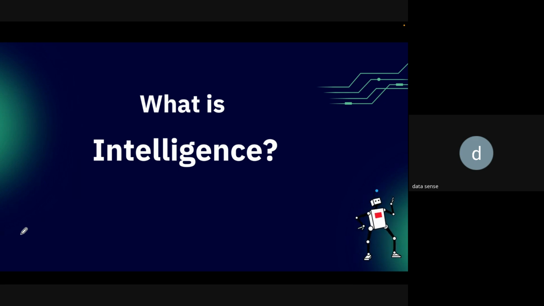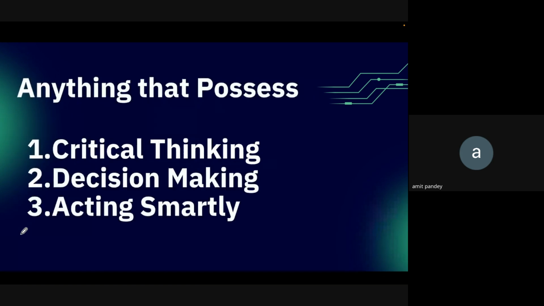Intelligence has nothing to do with being good in coding or having coded for many months. These are our definitions: ability to take decisions. Exactly. Intelligence is anything that possesses the ability to think, make decisions, and act smartly. That is called intelligence.